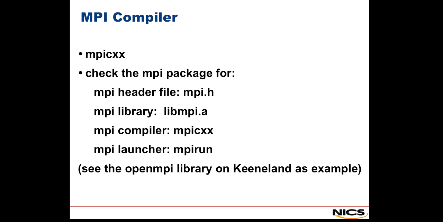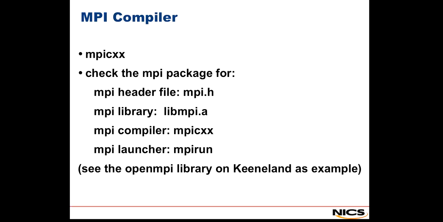So when you are on a supercomputer, before you want to use an MPI compiler, you need to check several things listed below. For example, if we use the C++ language as an example, probably you want to find the header file of your MPI implementation, because we know that MPI is included in the code as a library.